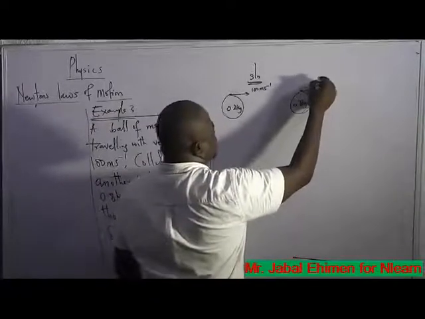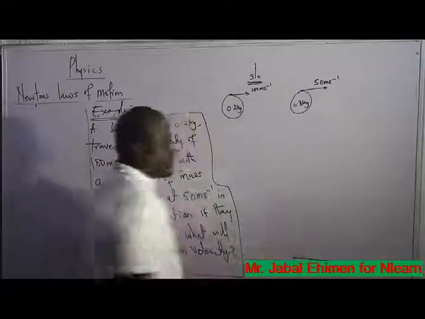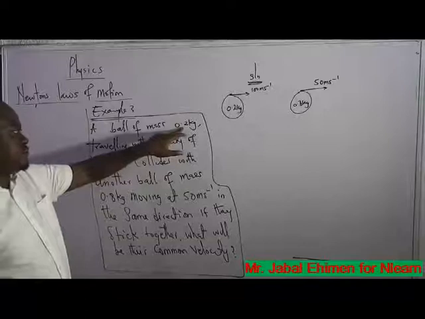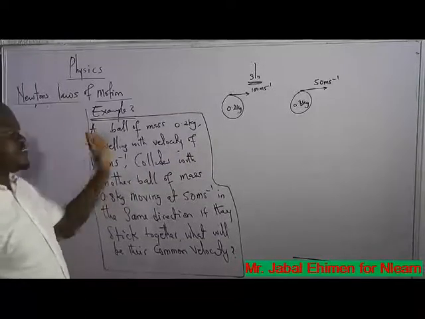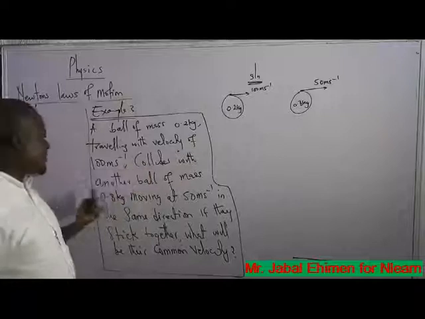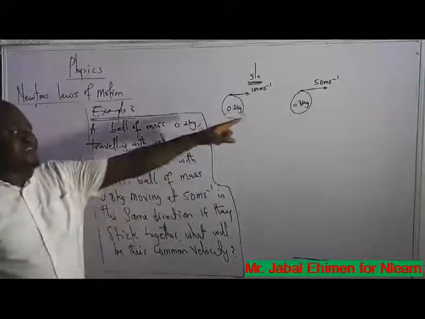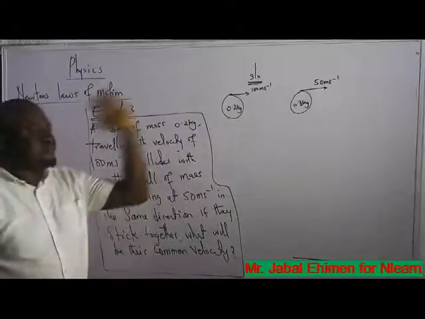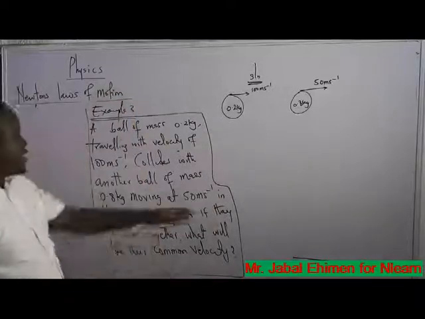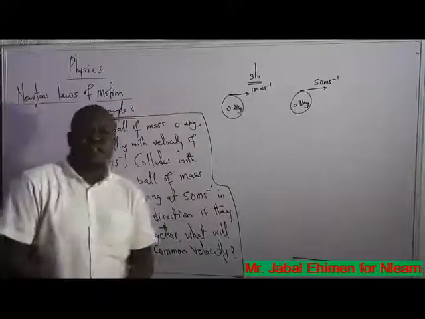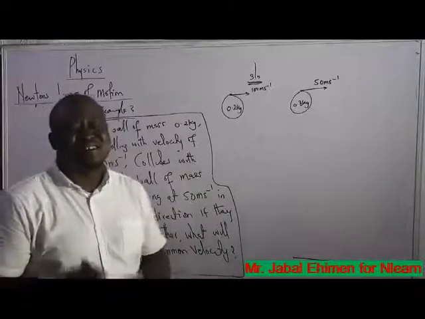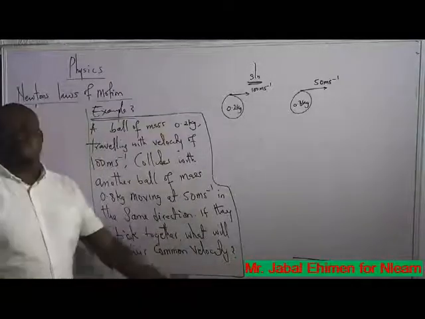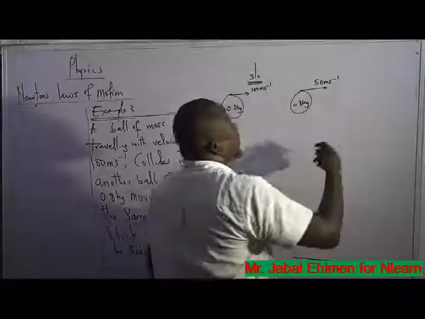So this is 50 meters per second. If they stick together, class, that shows that it is an inelastic collision. So if they stick together, what will be their common velocity? That's after collision.